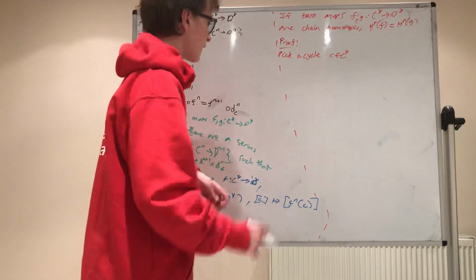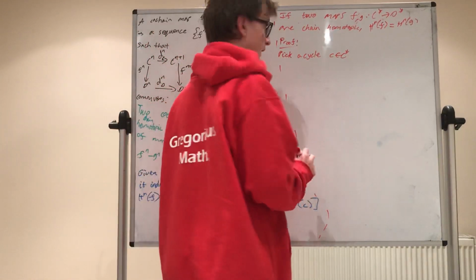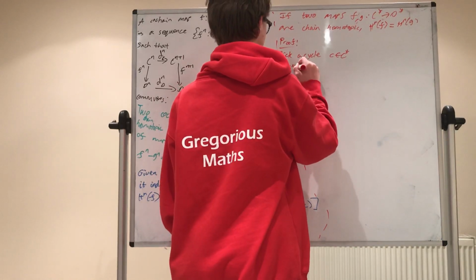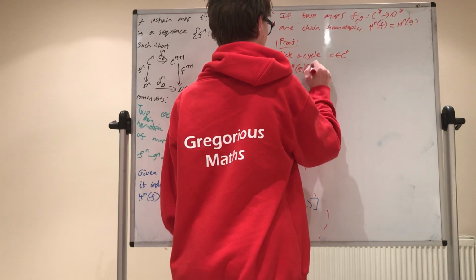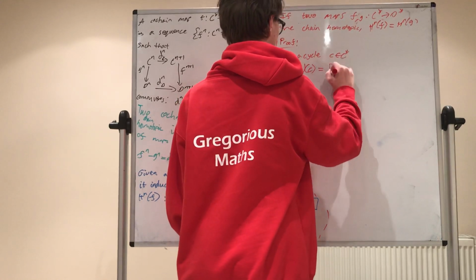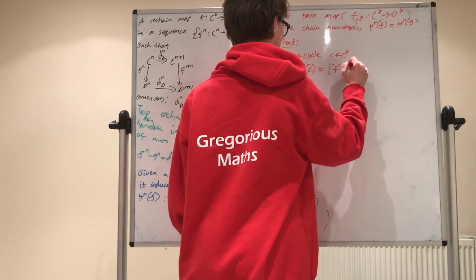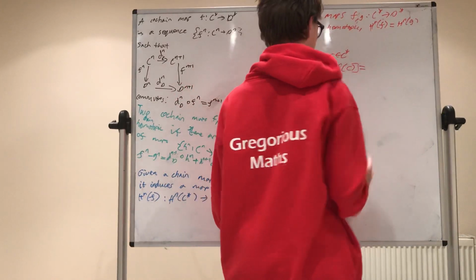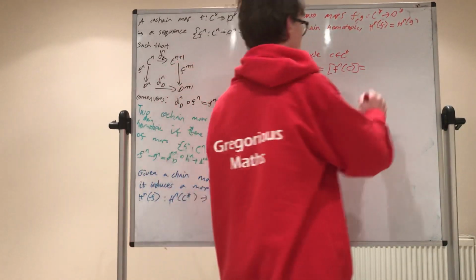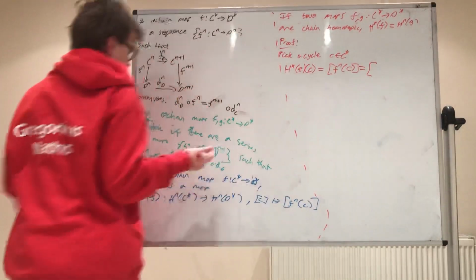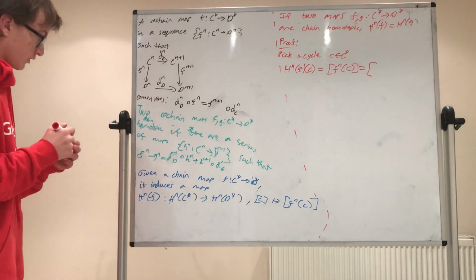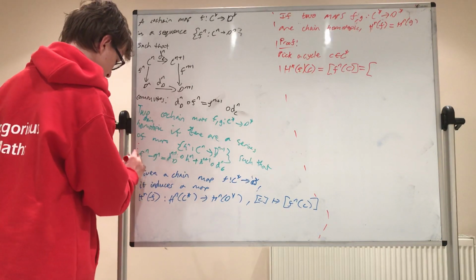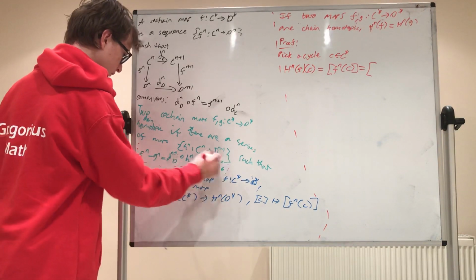Okay? Then we have that Hn of F applied to C is equal to the equivalence class of this, and this is actually equal to, now what are we going to have? Well, look at this condition right here. I might box this in case I need to refer to it later.